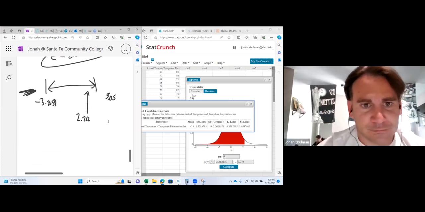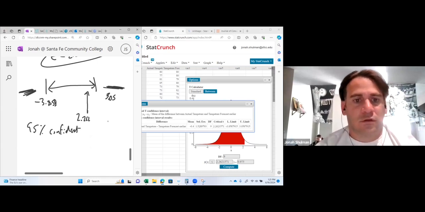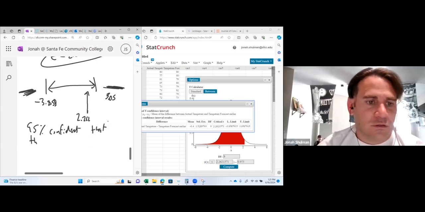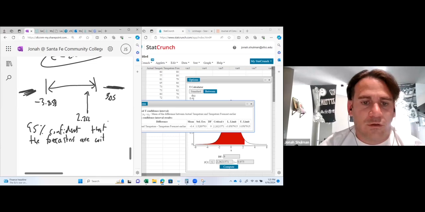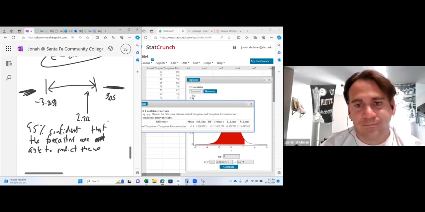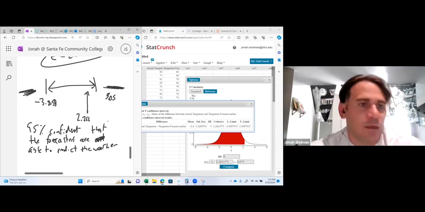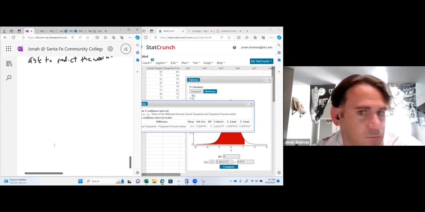If they were over here, they'd be too high, but they're here, which means we are 95% confident that the forecasters are able to predict the weather from 5 days before. That's why that's the right answer. If it was here, we'd be too high. If it's here, we'd be too low. All right, let's keep going.